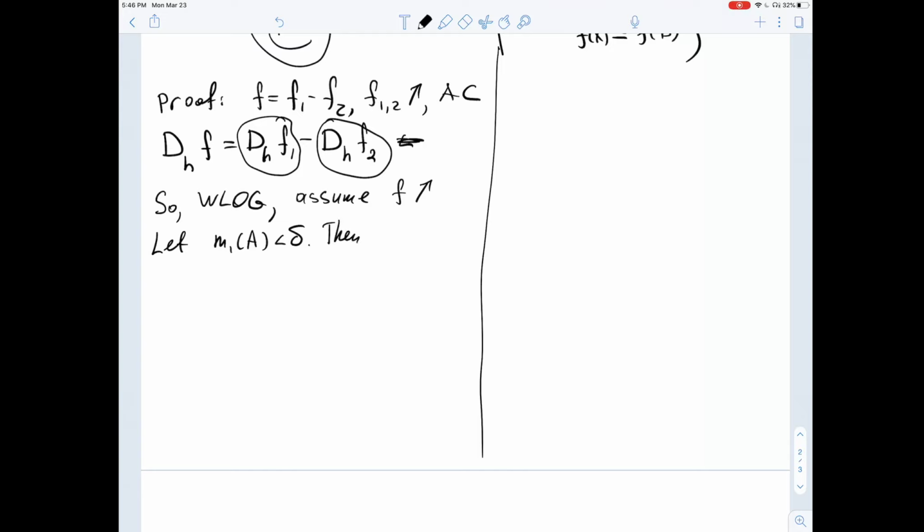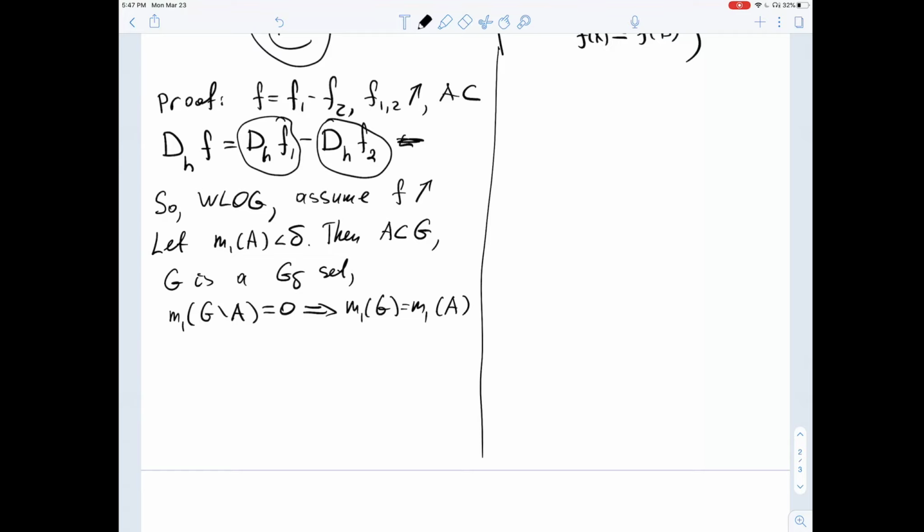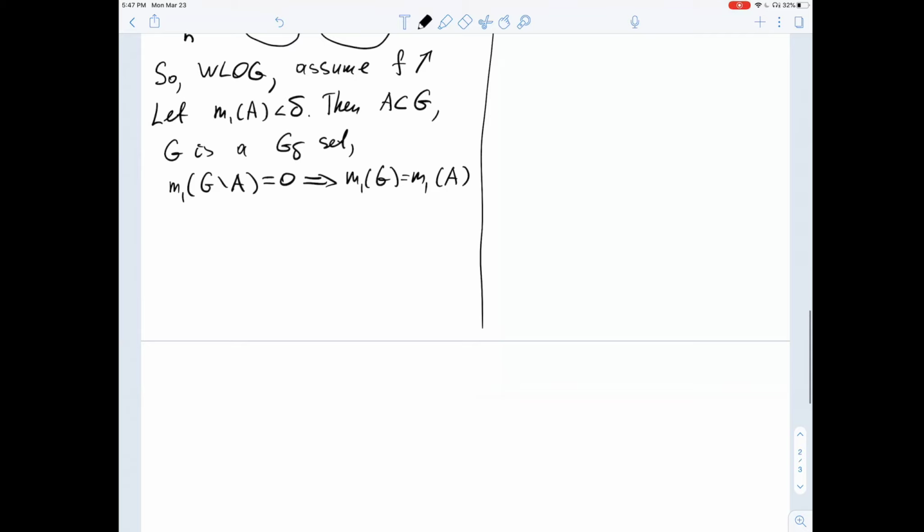Then we can approximate A by a G delta set G with measure of G minus A equal to 0, but because measure of A is finite, it just means that measure of G is equal to measure of A. And also, because we know that the integral of something over a set of measure 0 is 0, we have the integral over A of anything is equal to the integral over G.